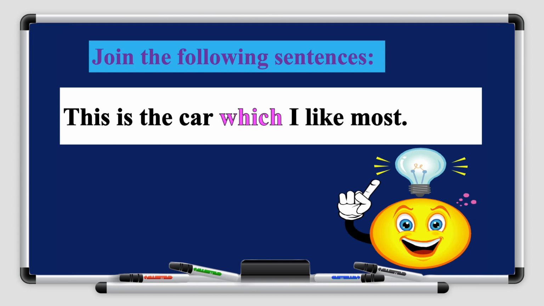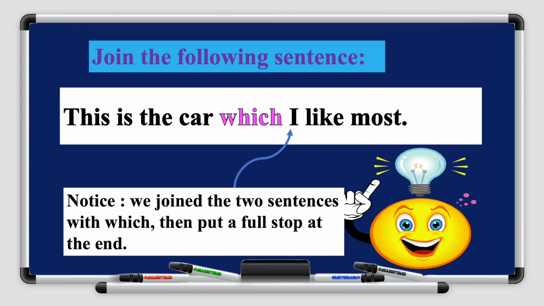This is a car which I like most. We used which. Why did we use which? Because of the car, a thing. Now notice that we joined the two sentences with which, then put a full stop at the end. We removed the full stop in the middle and we changed it for which to connect the two sentences together.